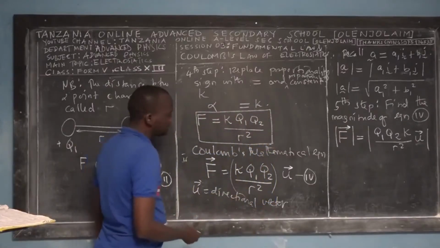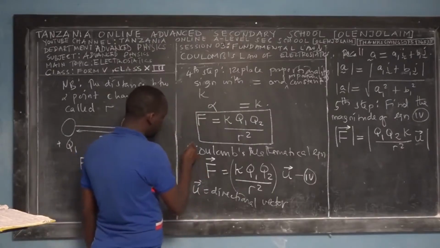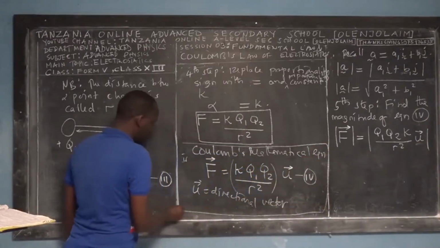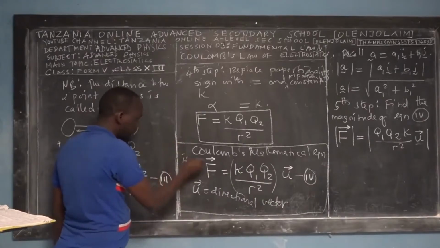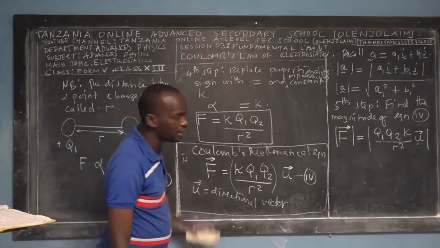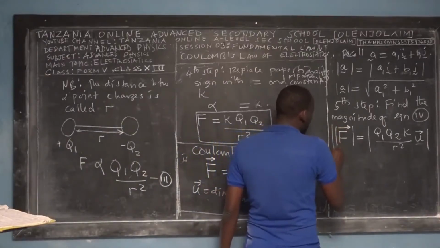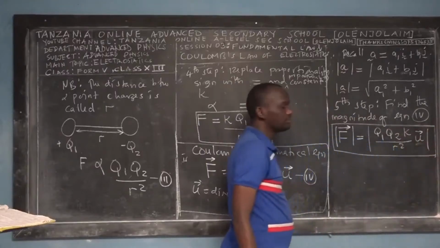So remember that. That's why we said this is Coulomb's physics mathematical equation. If you pursue your undergraduate studies in physics, you'll find this one, right? But also you can say that another Coulomb's mathematical equation is in this form, right?